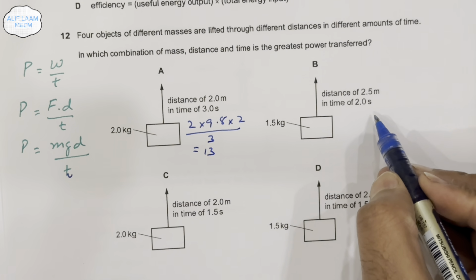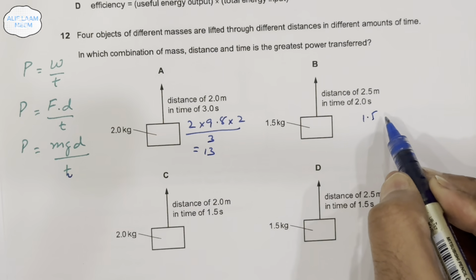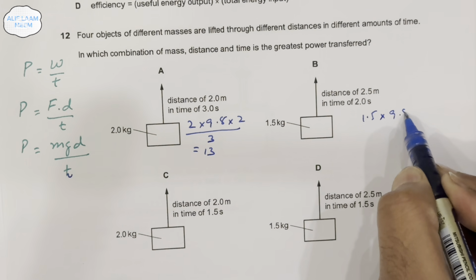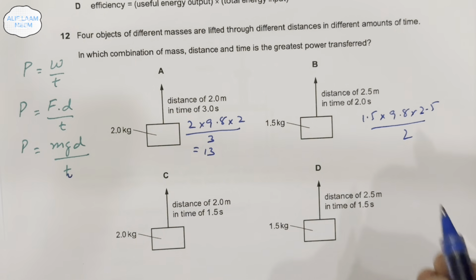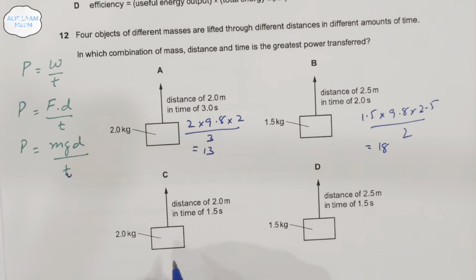Or you also multiply here the mass 1.5 and the g value 9.8 and distance 2.5. You need to divide it by 2. You get the value that is almost equal to 18.3, or you can write 18.